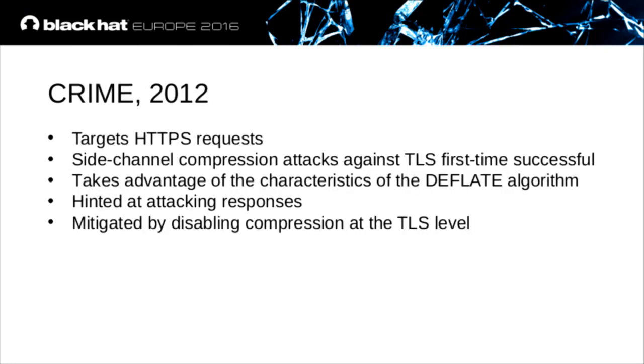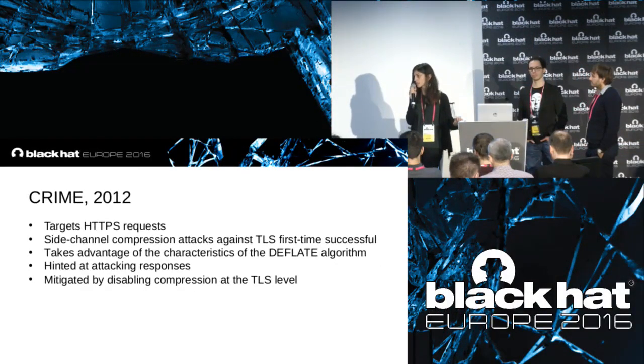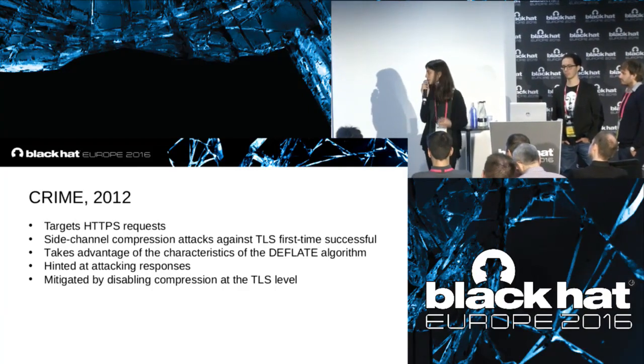So in 2012, CRIME was the first successful side channel compression attack. It targeted HTTPS requests, mostly headers, to hijack sessions and steal cookies.